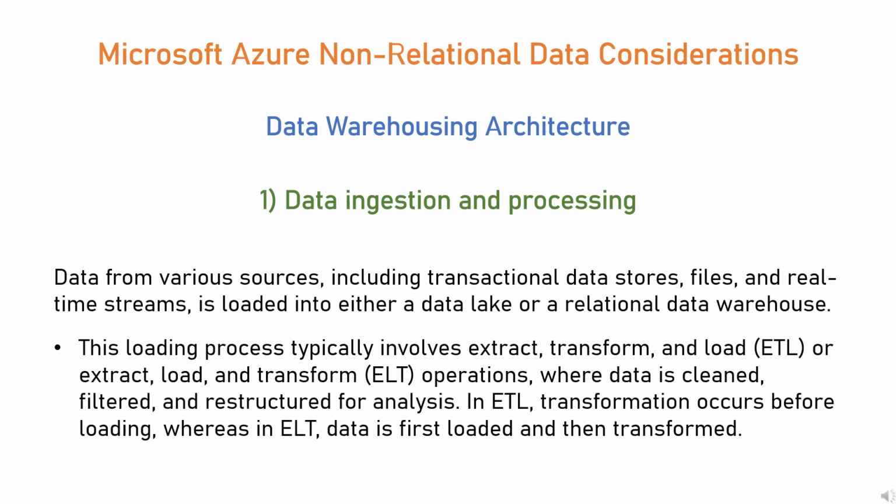This loading process typically involves extract, transform, and load, or extract, load, and transform operations where data is cleaned, filtered, and restructured for analysis. In ETL, transformation occurs before loading, whereas in ELT, data is first loaded and then transformed.